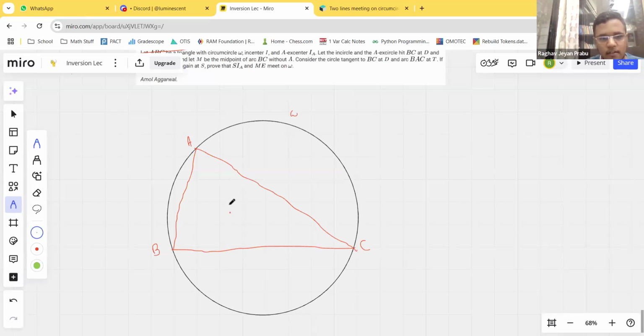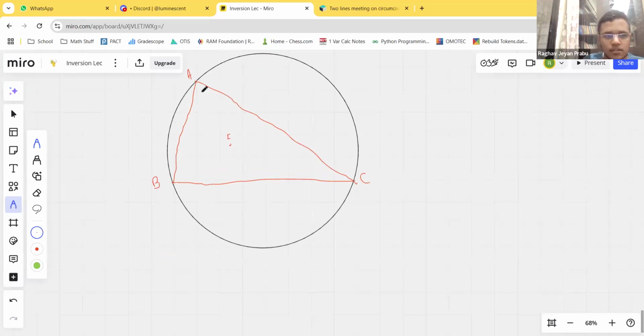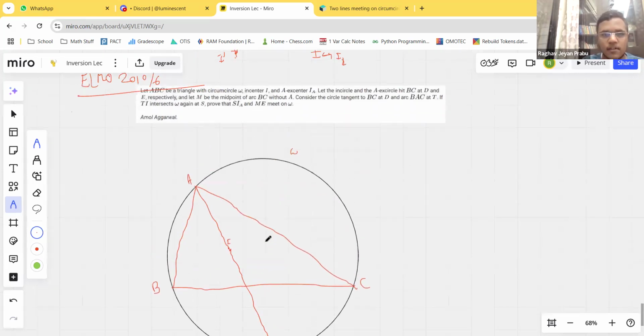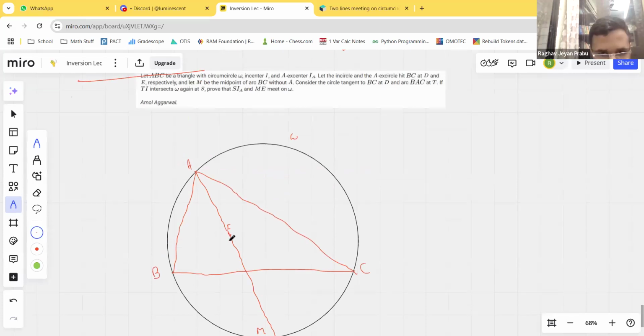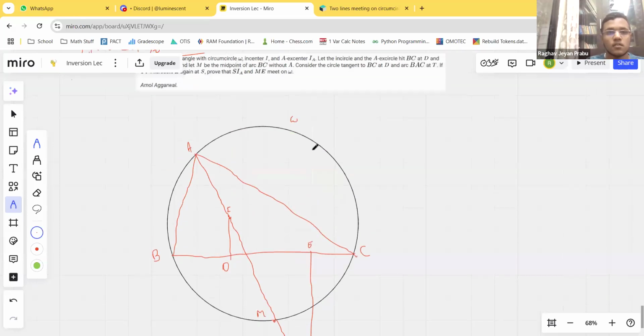The incenter is I. You have also the A-excenter, I_A, and you have the arc midpoint M. Let's see what all is defined. Then D and F are the incircle and excircle touch points. E as well.